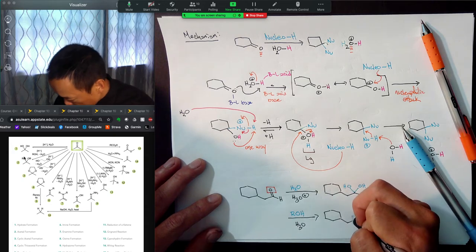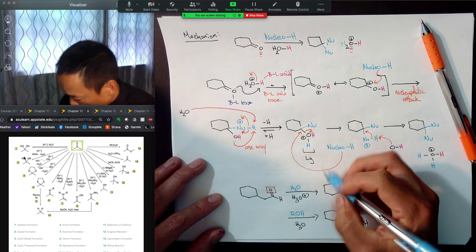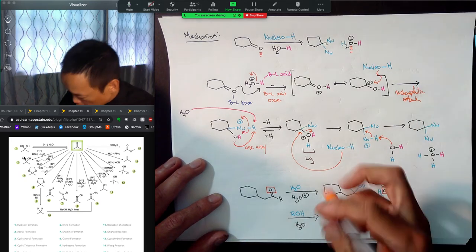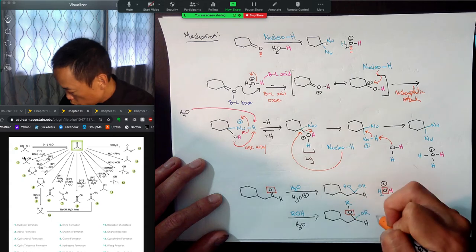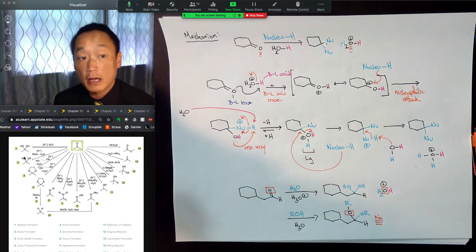So we're preserving the oxygen here, and we're putting the R group here. This is my mistake, and this is something that I would have messed up over and over and over again.